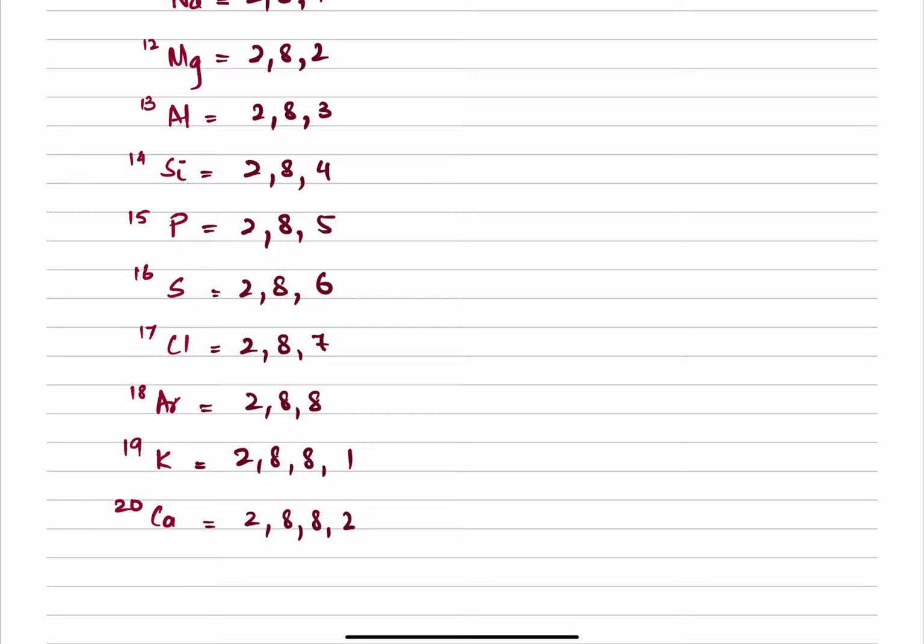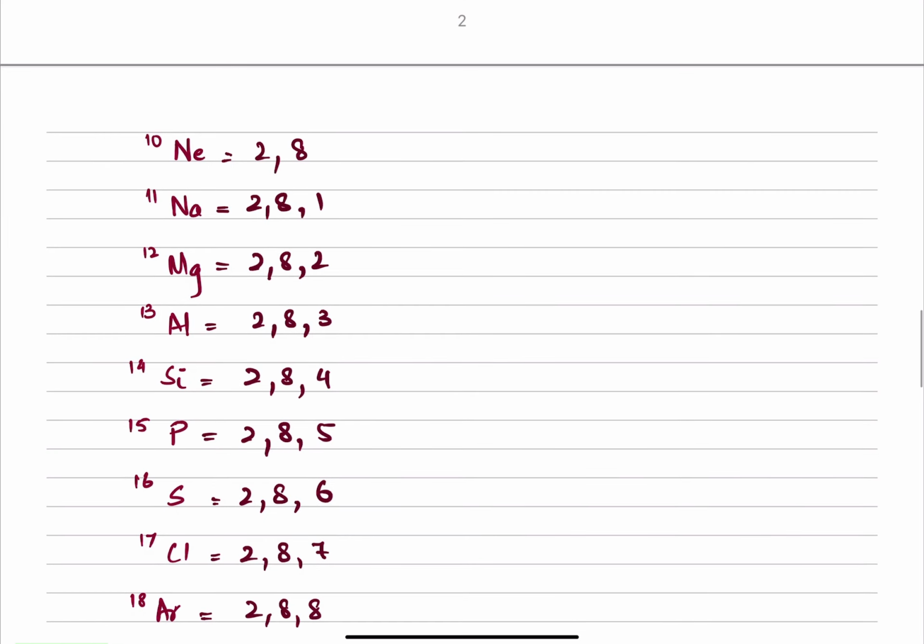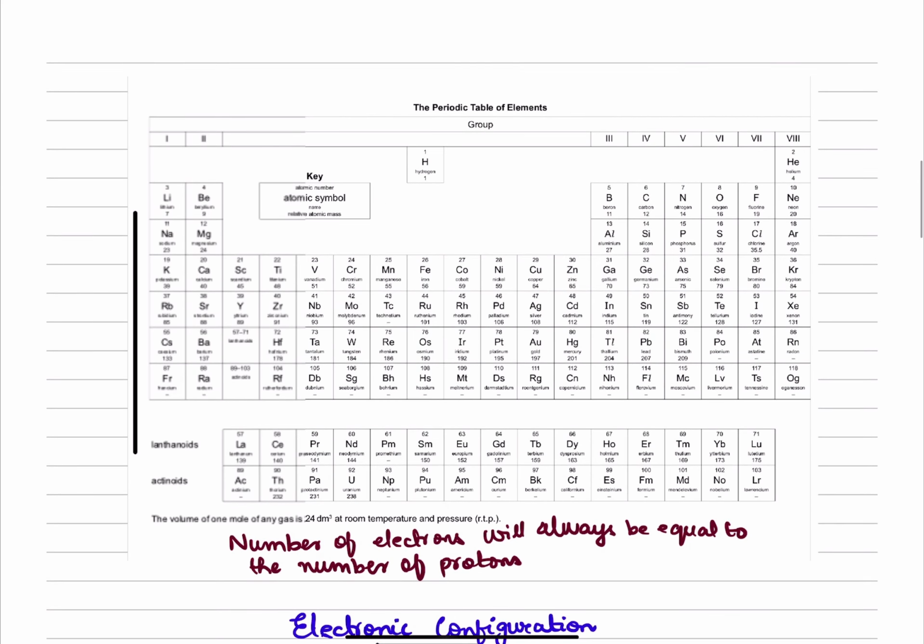Now, a very interesting thing to look at here is the groups and the periods of the periodic table. The groups of a periodic table are these vertical columns. So group number 1, group 2, group 3, group 4, group 5, group 6, group 7, group 8.